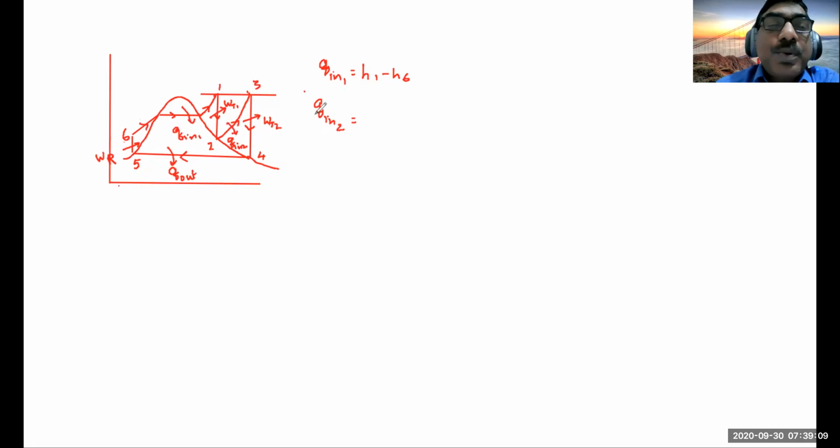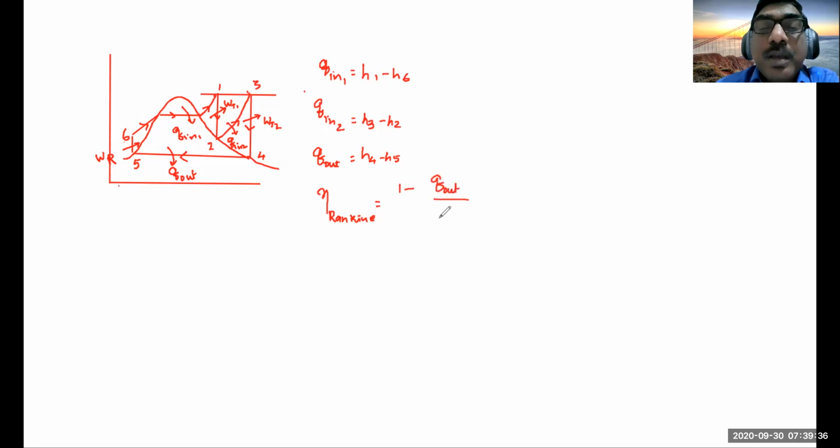Okay, so what is the Q in 2? Q in 2 is H3 minus H2. And what is the Q out? This is H4 minus H5. So what is the efficiency? Efficiency of Rankine cycle is 1 minus Q out by Q in.